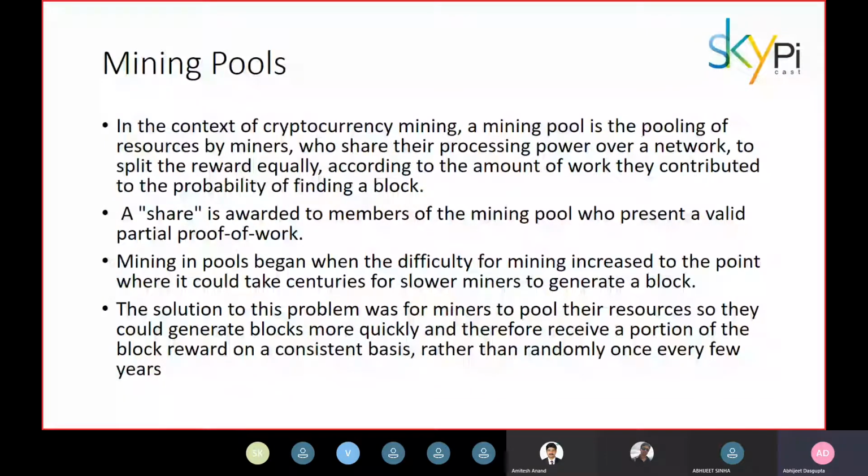It means that individually, if you put your entire computational power behind mining a cryptocurrency, you may not be successful in mining a block even for years.